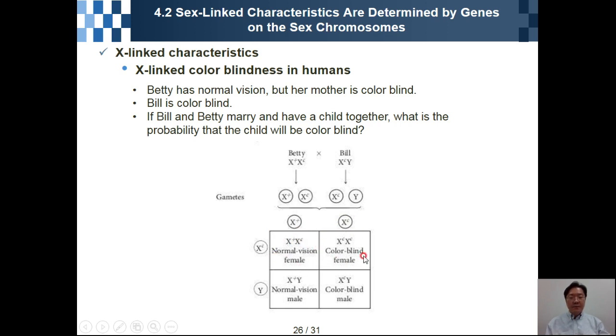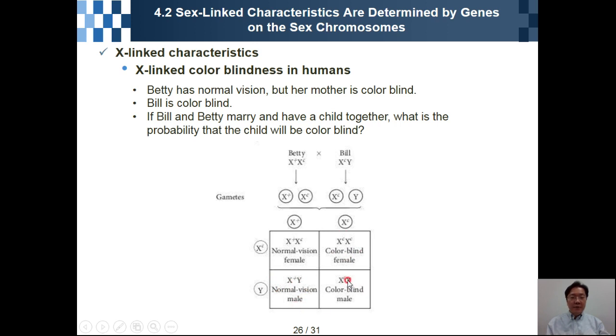X^C X^C is a colorblind female. X plus Y is a normal vision male.